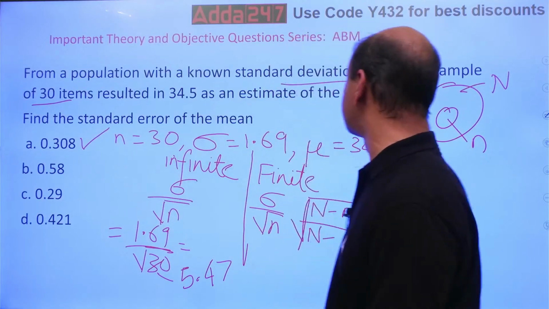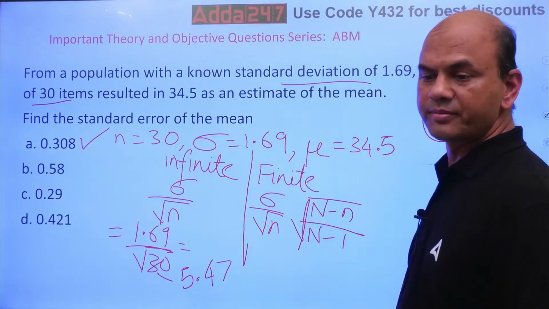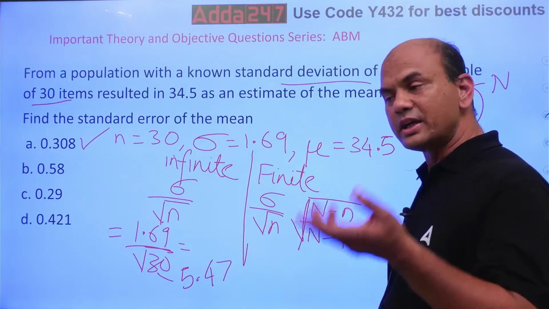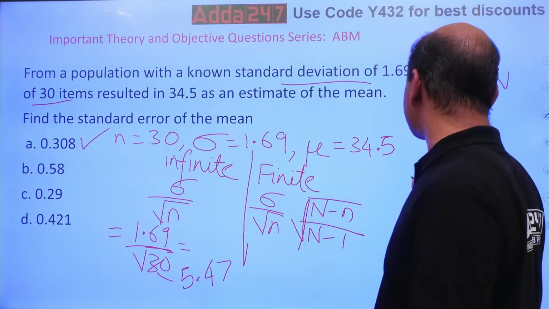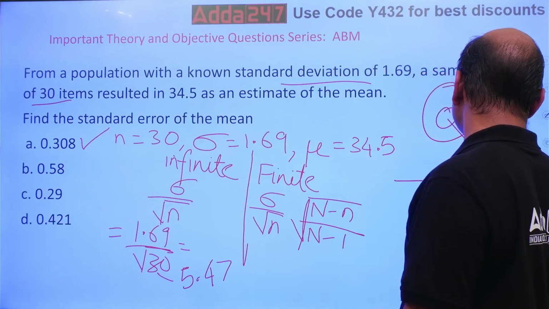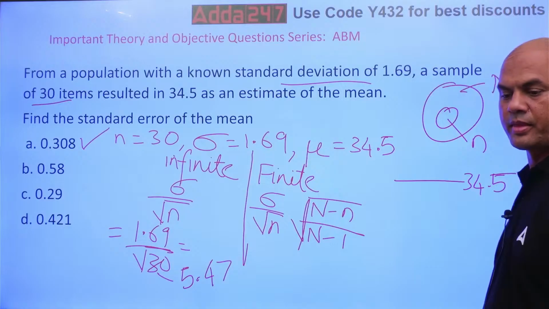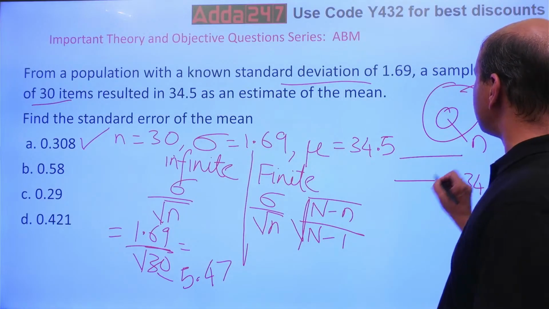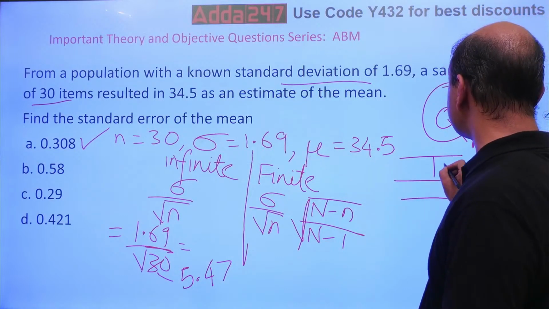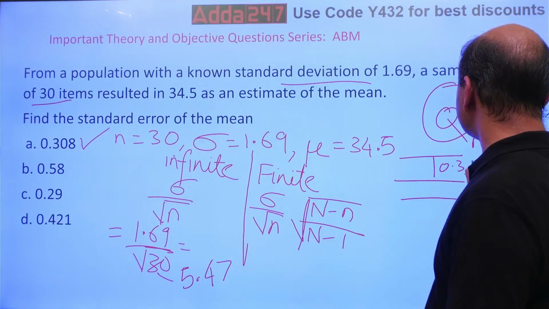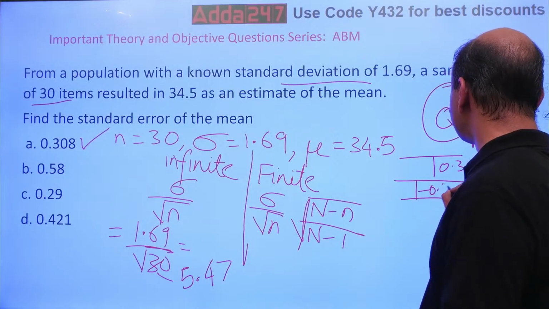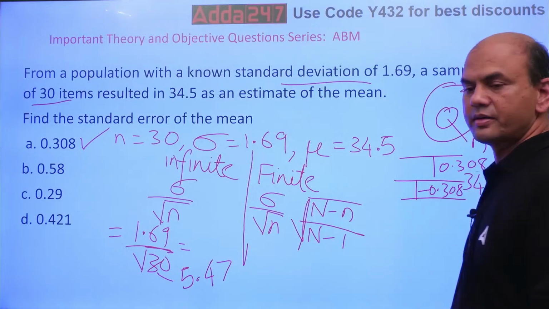What do you mean by the standard error? It means the same thing again. If they ask you one standard error, then the mean is given as 34.5. This is your center. Above it you add 0.308, and again subtract 0.308 for one standard error.